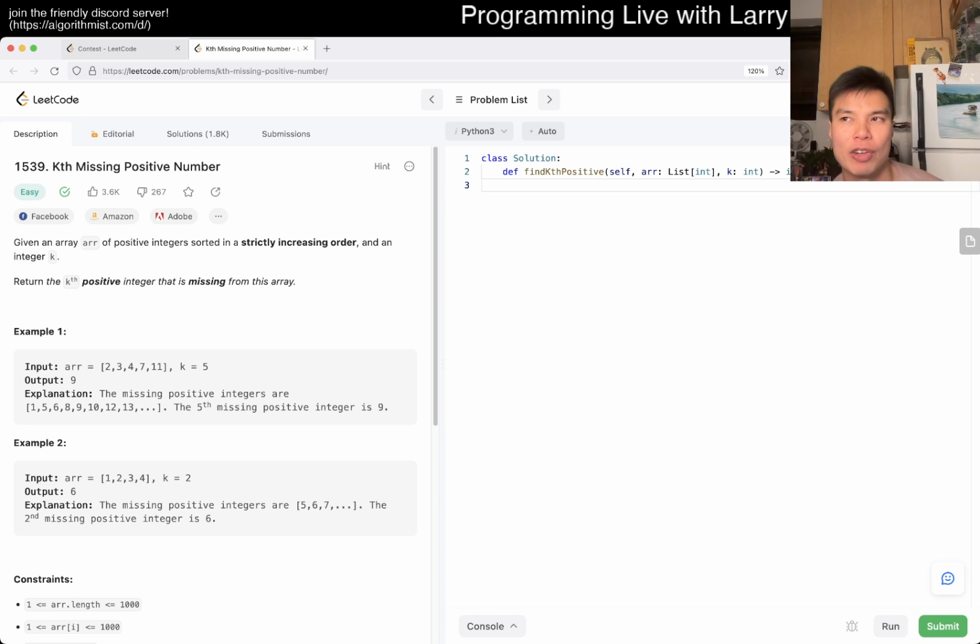If a sub i is equal to i plus 1, then you know that one number is missing. So then you binary search to calculate that, and that would be fine.